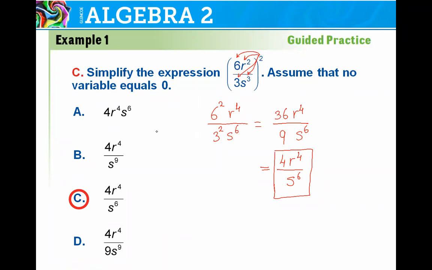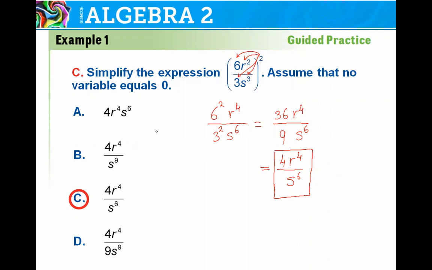Mr., 36 over 9, you divide it? Yes, I divide by 9. If you have numbers, you will divide. But the powers, if you have common bases with different powers, you will subtract the powers.